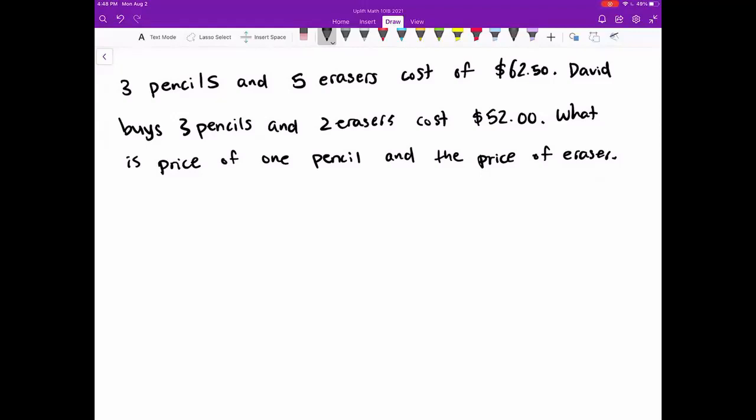Okay. We can define some variables first, so we can be like let p is equal to the price of a pencil. Definitely. For every single word problem, you have to list your variables, or your teacher is going to subtract a point or something.